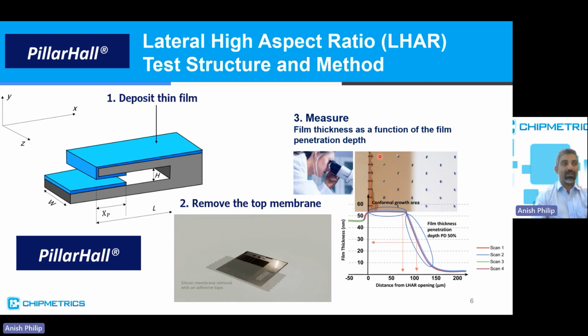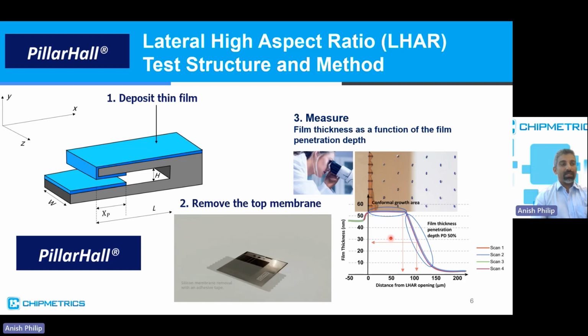Here the colored region shows where you have the film. This is the opening area, from here to here, and here is the membrane edge location, where we start measuring the penetration depth. So from here to here, this length, is the penetration depth.